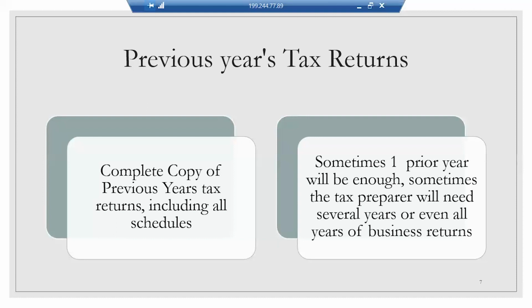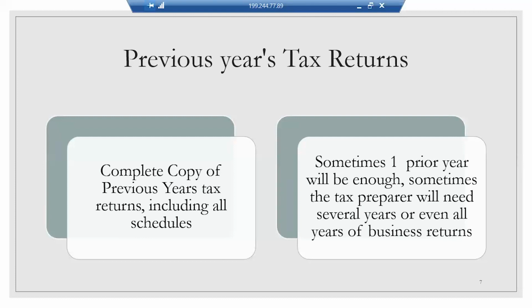We really need to see those for a few reasons. If you have assets on there to be depreciated, I need to see the depreciation schedule because I need to know what prior depreciation has been taken, and I need to make sure that I have that set up going forward in line with how it was set up originally when the asset was put into service.